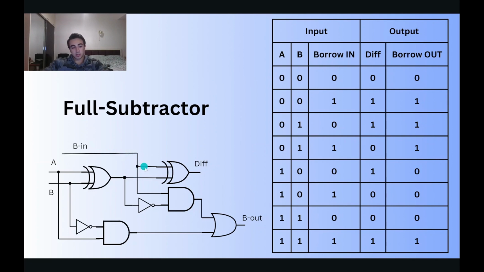So we subtract the borrow in from the output of XOR. In this case, the output of XOR is the dividend, and the borrow in is the subtractor. The output of XOR is the number that is being subtracted from.